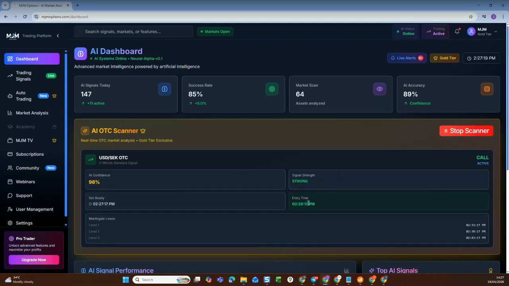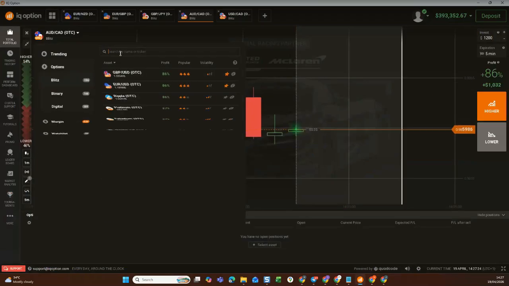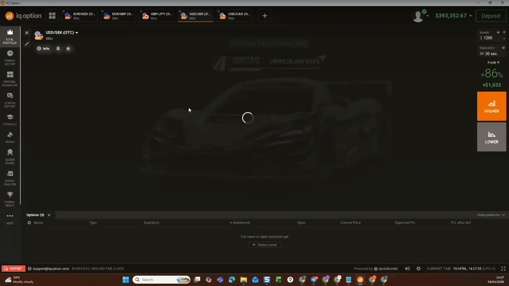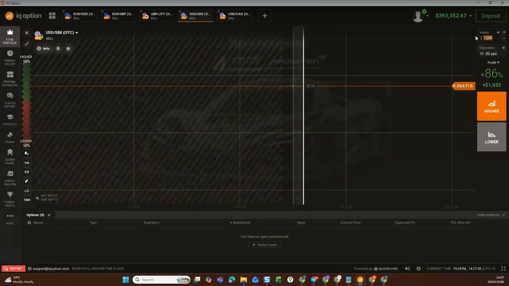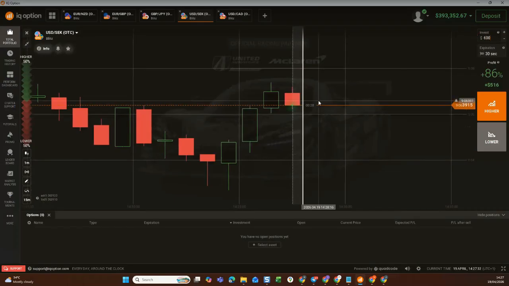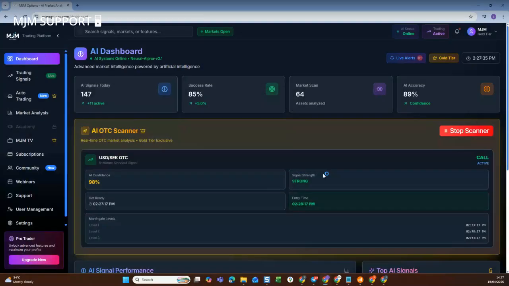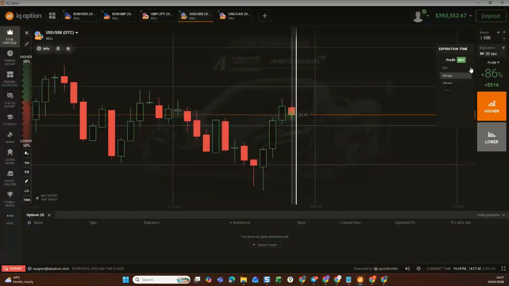So the pair is USD SEK, starting from 600 again. What is the time frame I'm supposed to trade it for? 5 minute standard signal. So I'm trading it for 5 minutes.